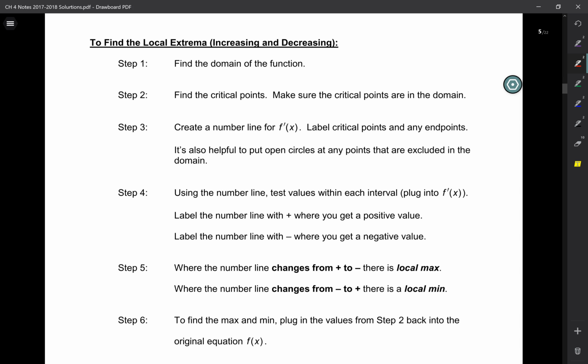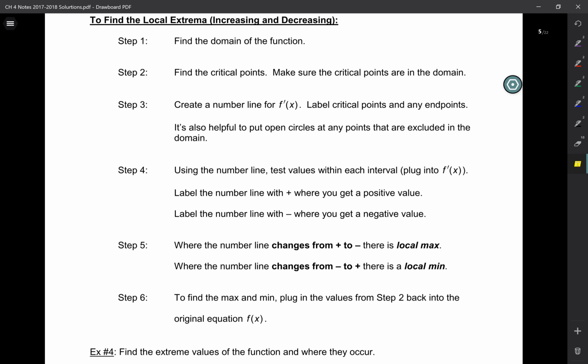All right, how to find local extrema. First, find the domain. Next, find the critical points. We did that yesterday, right? How did we find critical points? It was where the derivative equals 0 or where it's undefined.